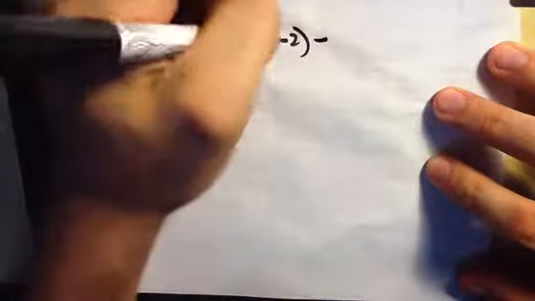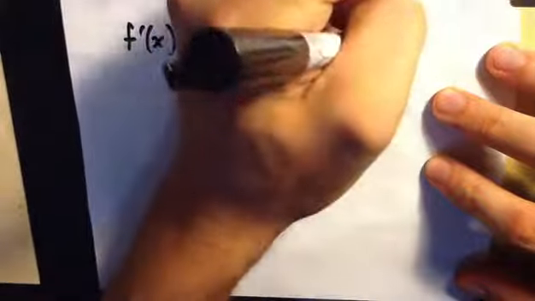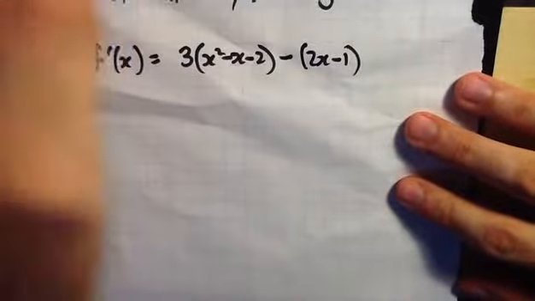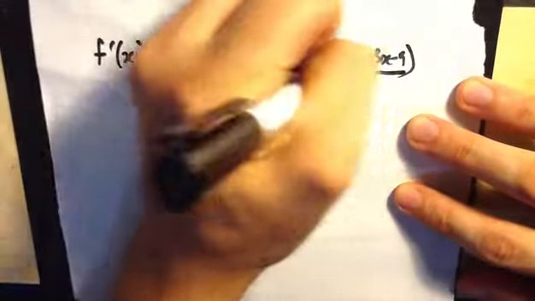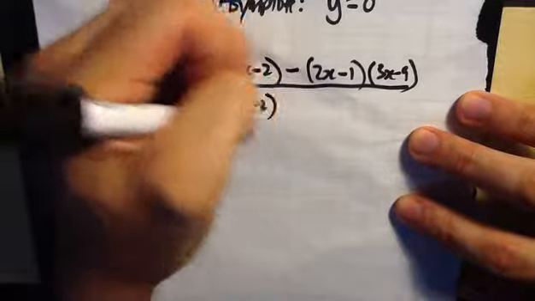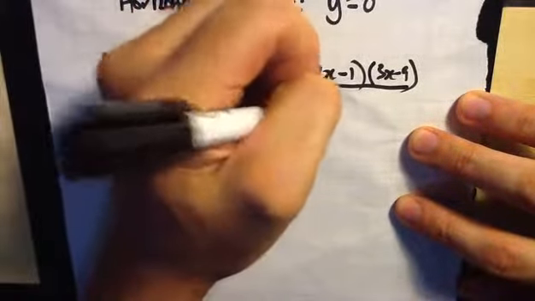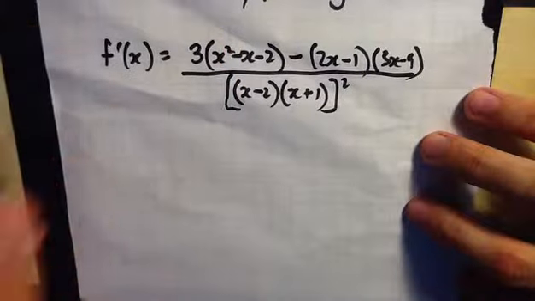And that subtracts the derivative of this, which is 2x minus 1, multiplied by the numerator, and that is all over the denominator squared. Now, the denominator we'll write in factored form, so this whole thing here gets squared. This is the quotient rule.